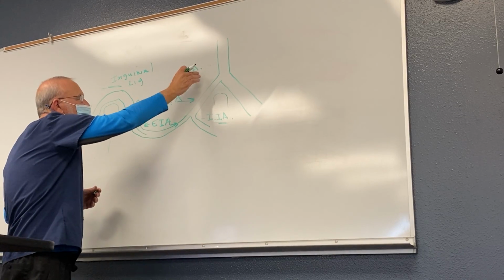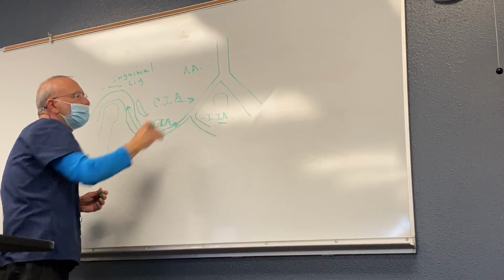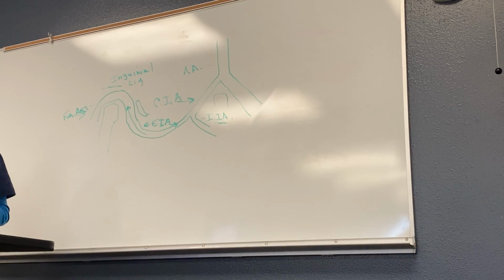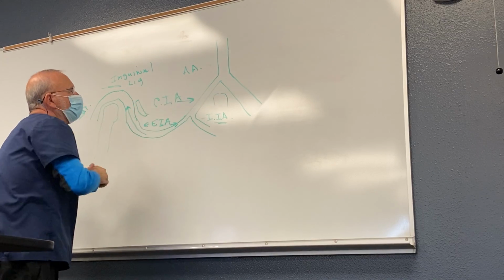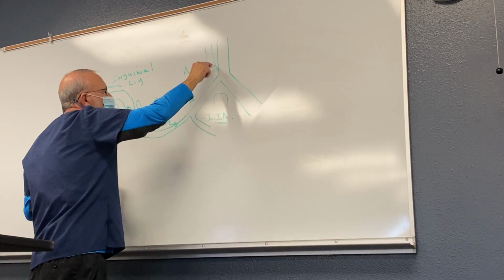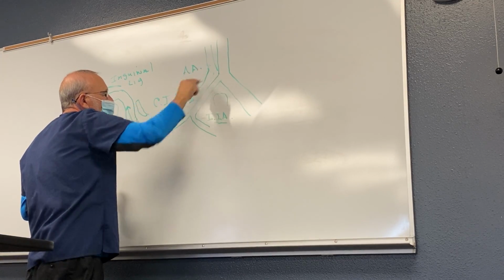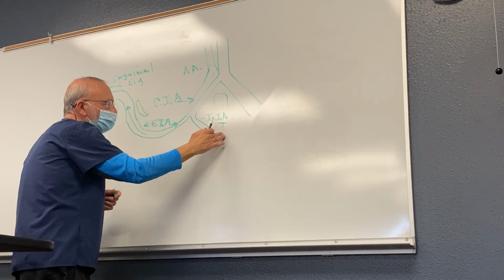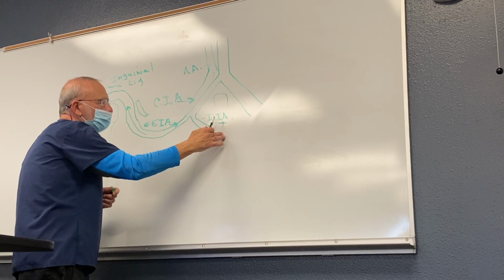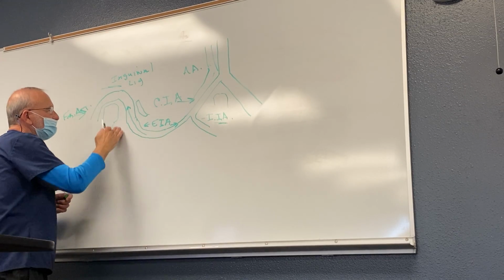The IVC will do the same thing, except it's going to be posterior. What's going to happen is that as we go through the IVC over here, the same kind of bifurcations will occur. You'll go into external iliac vein, internal iliac vein, and then it comes up this way.